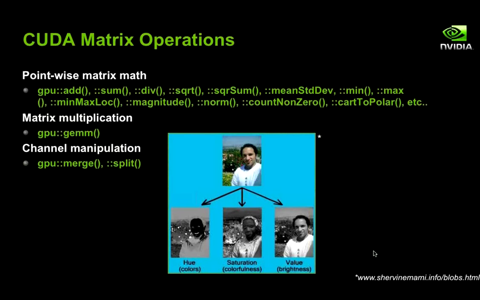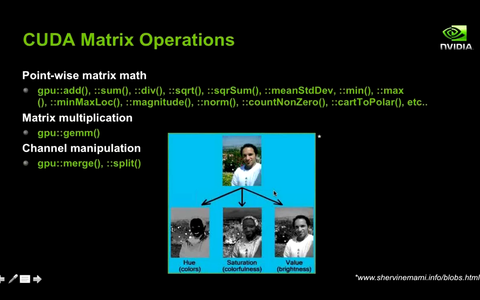The GPU CUDA module includes your basic matrix operations like addition, subtraction, division, and square root, all of which apply to matrices. It also includes matrix multiplication and some interesting features for manipulating multi-channel matrices, so you can merge, for example, two matrices of the same size to create a multi-channel matrix, or split a multi-channel matrix into its constituent channels.